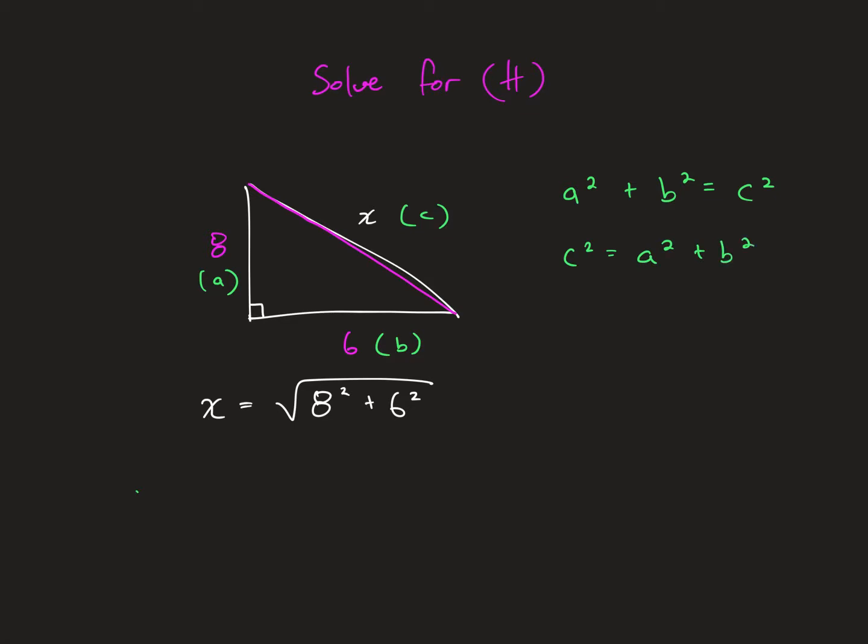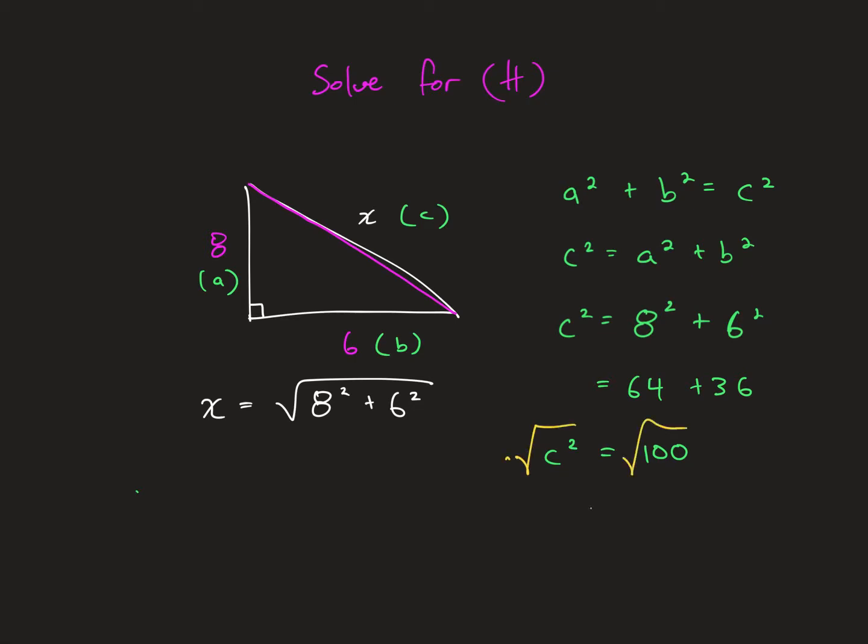If we're working with that, c squared is equal to 8 squared plus 6 squared, which is equal to 64 plus 36, which is equal to 100. C squared is equal to 100.